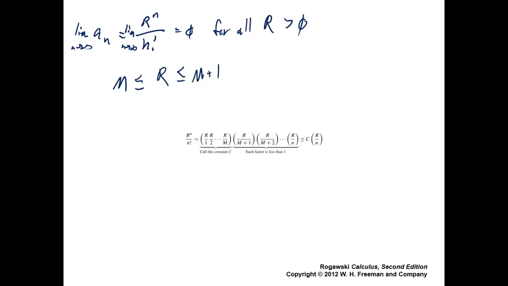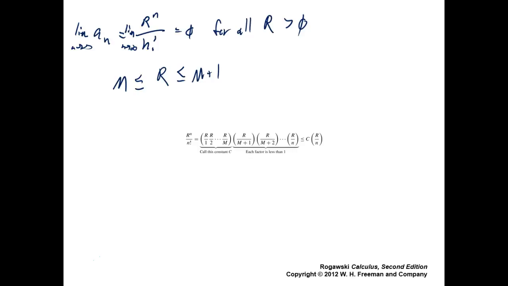And if r were a number like pi, then use M equal to 3, and M plus 1 would be 4. That would work. So r can be any real number, because it says for all r, it doesn't have to be an integer.